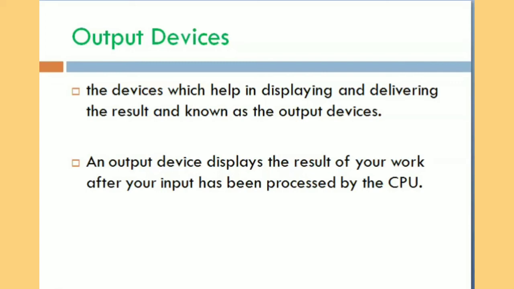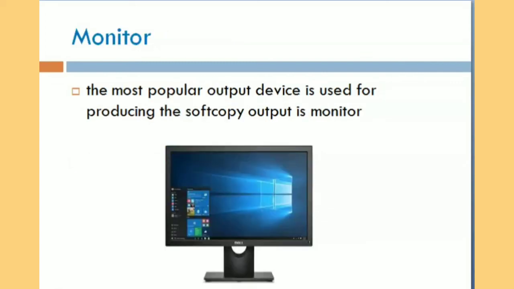The first example of output devices is the monitor. The most popular output device used for producing soft copy output is the monitor. It is also known as the visual display unit, that is VDU. A monitor is like a TV screen where the work done by the computer is displayed.